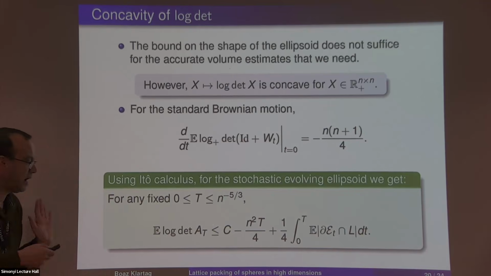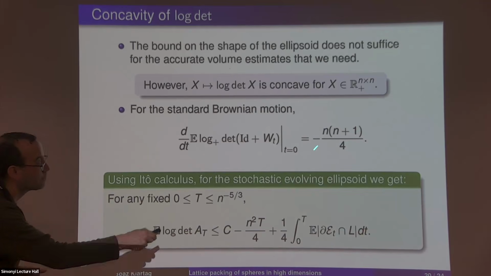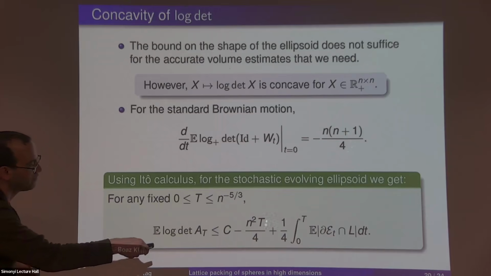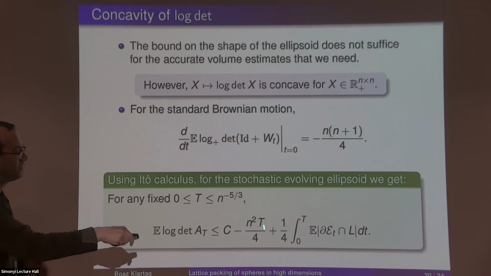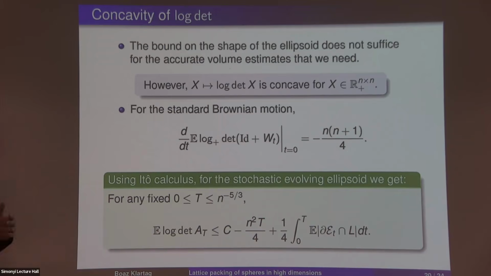So I get this upper bound for the expression of log det for a matrix. This factor is what I get from the pure Brownian motion part, and I pay a fine, which is the number of contact points. So what remains to be done, if you believe me, is to bound the number of contact points.